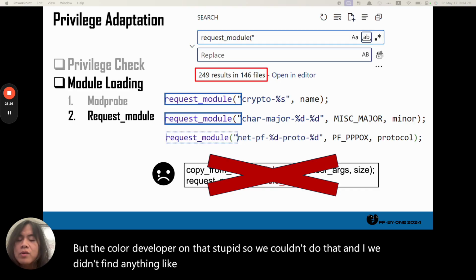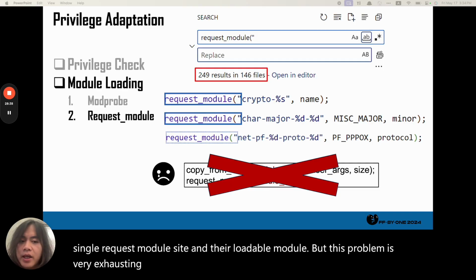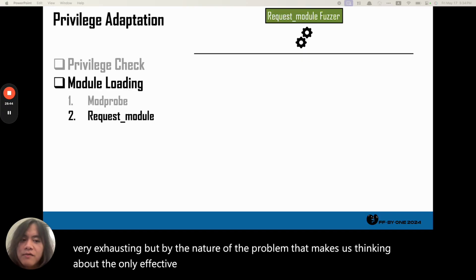So we have to collect and categorize every single request_module call site and its loadable modules. This problem is very exhausting, but by the nature of the problem, the only effective approach is fuzzing.